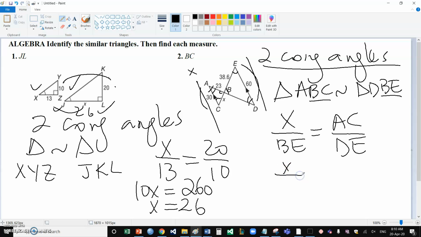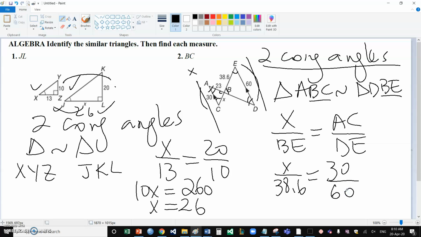So x over BE, how much is BE? 38.6, equals AC, which is 30, over DE, which is 60.